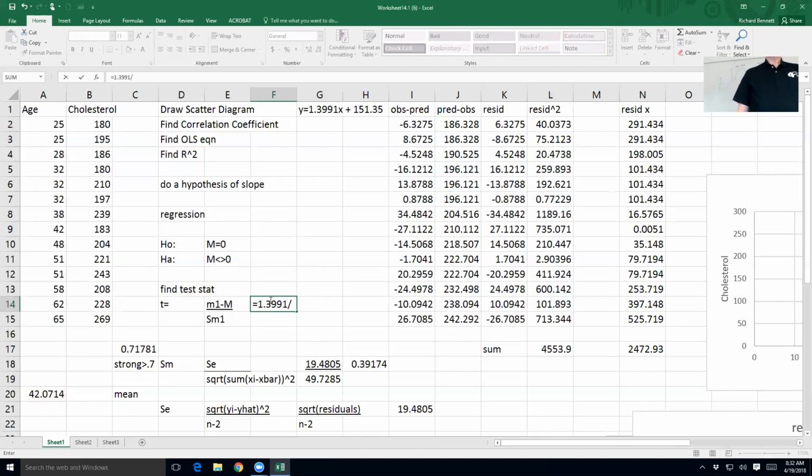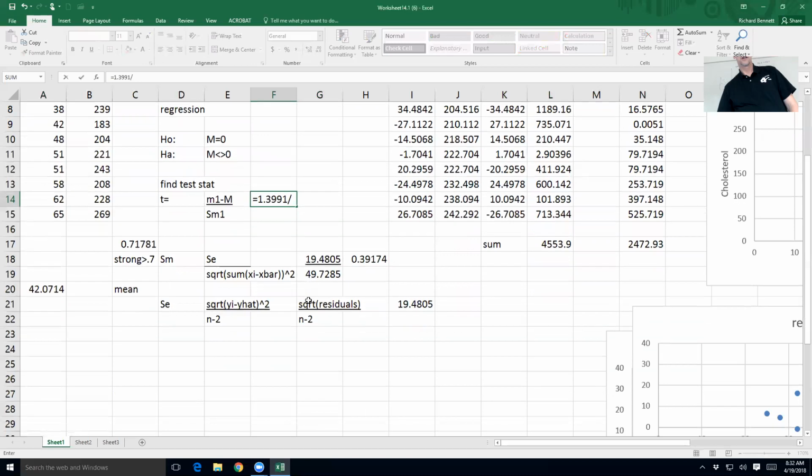1.3991. And what am I going to divide that by, Charles? The number I just found. What number did I just find? Yeah, SM1, which is what? What's the value?